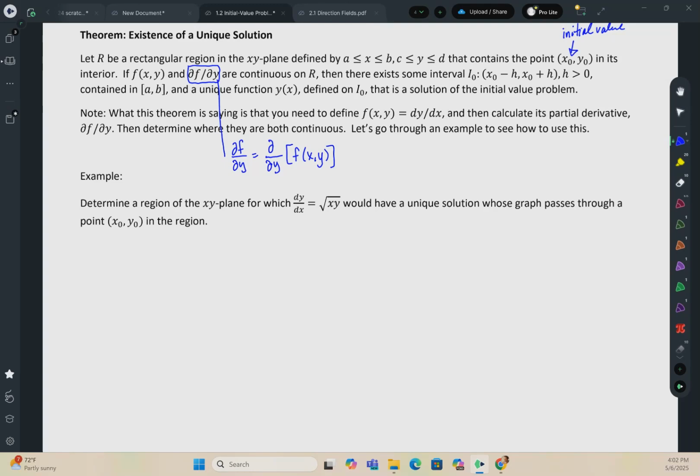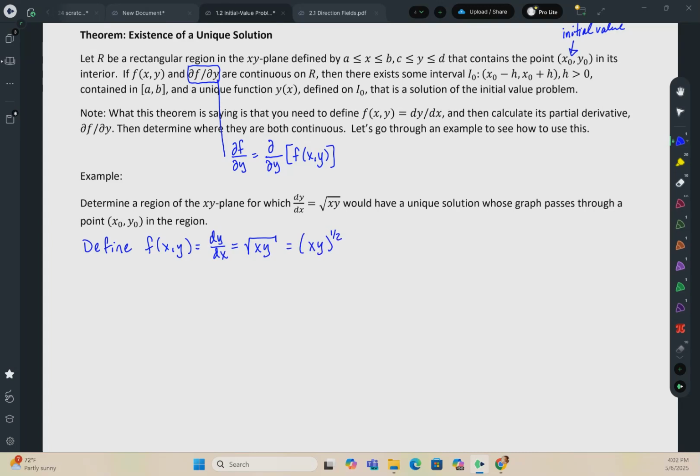So first, define f of x y to be equal to dy/dx. Since dy/dx is already completely solved for, this is equal to the square root of xy. I'm going to go further and rewrite that as, in parentheses, xy to the 1/2 power.